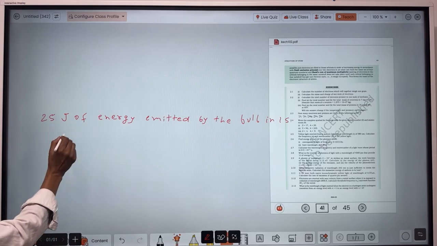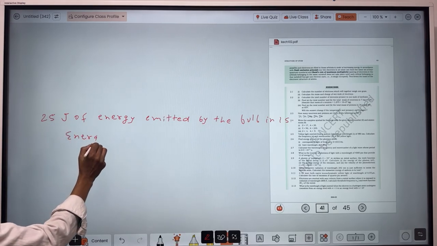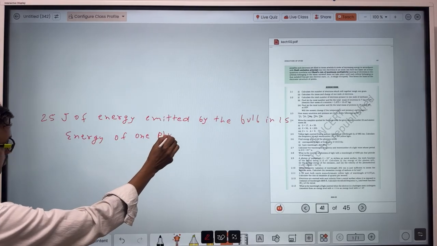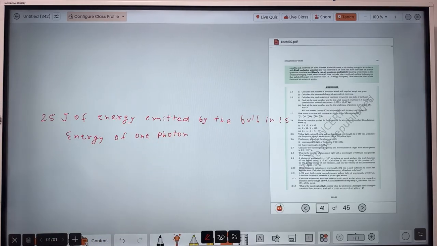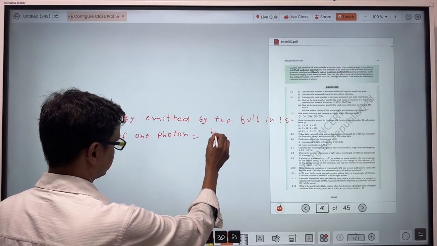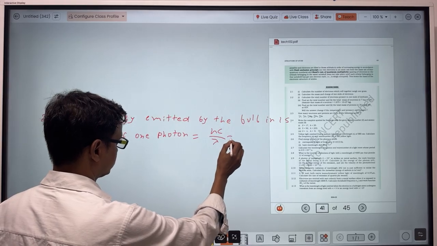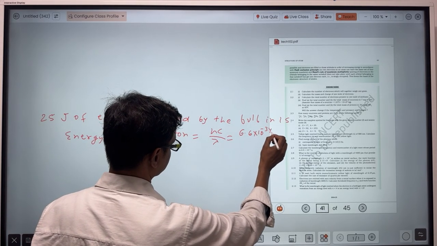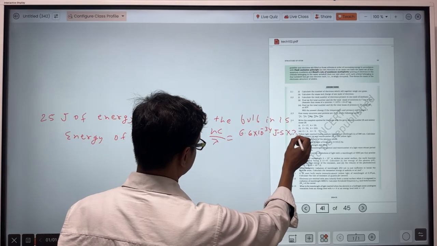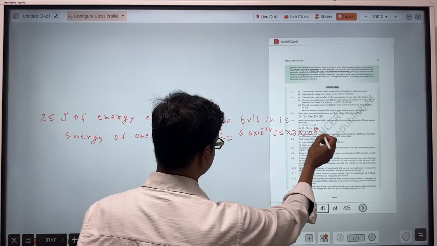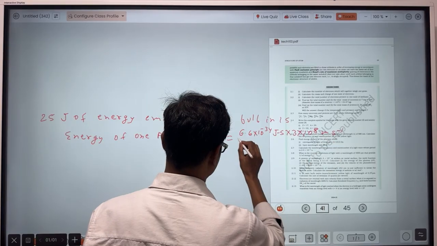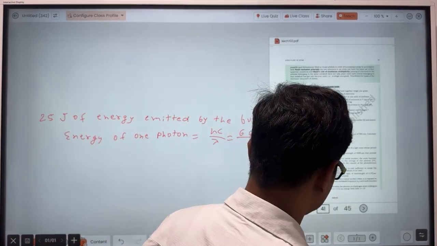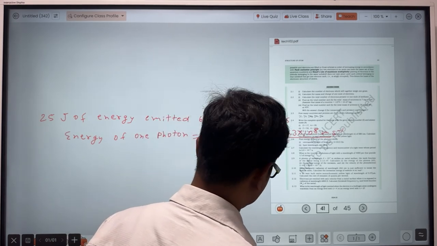So the energy of one photon: the wavelength has been given as 0.57 micrometer.